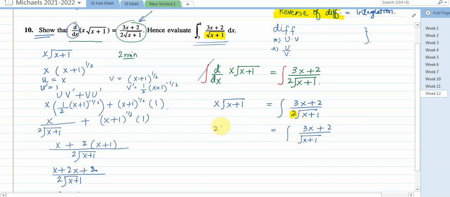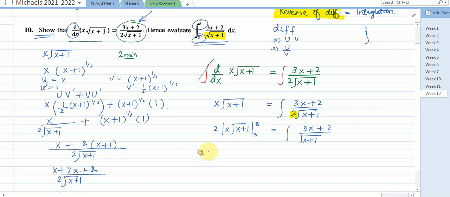When you shift, it will be dividing here. When you shift, it will be multiply, and the expression we have is x times under root (x plus 1), and we have the limits assigned in the question. It's 3 and 8.